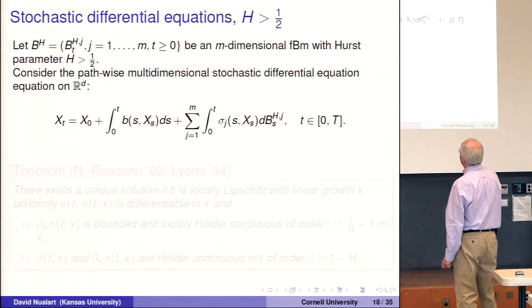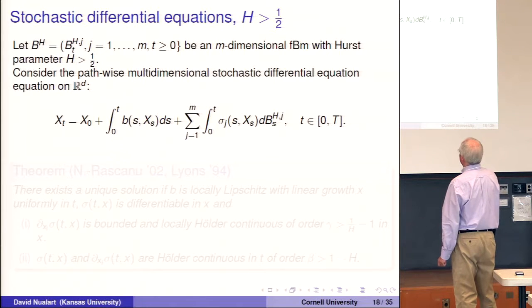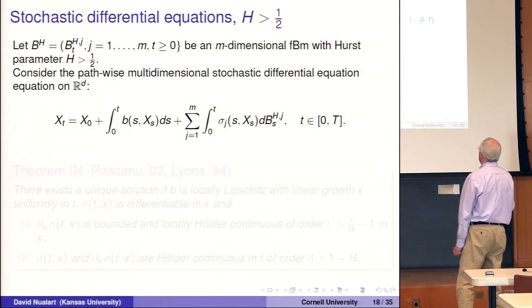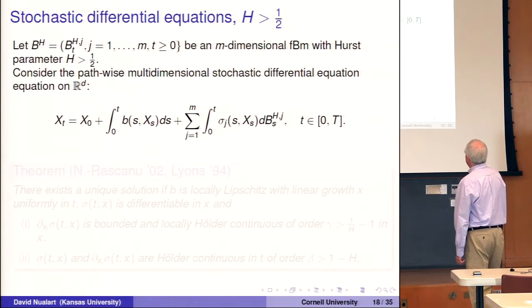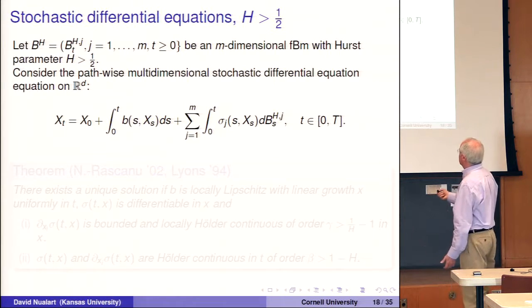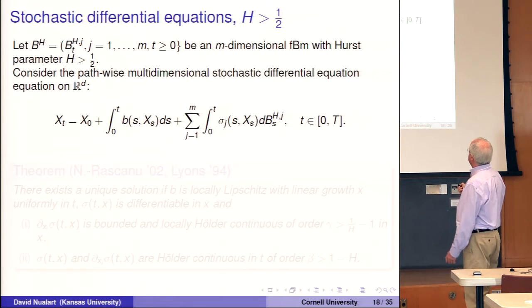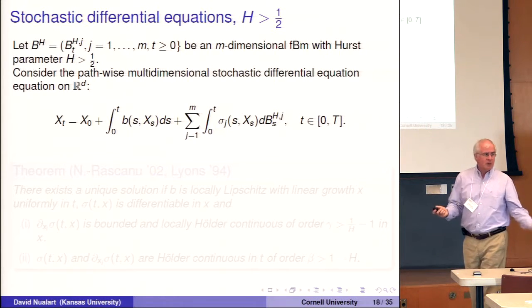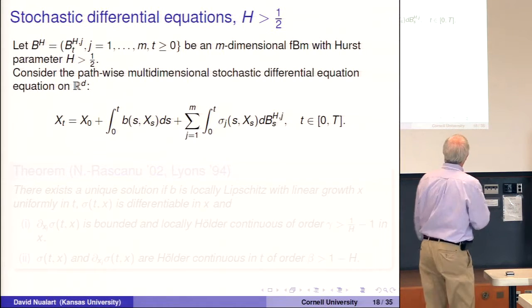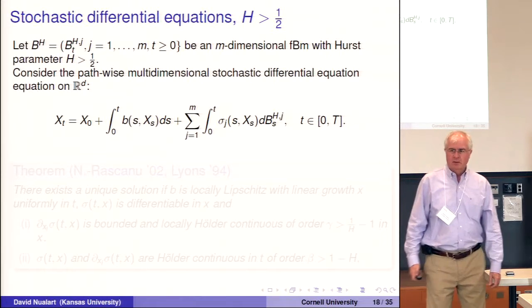This means that the components are independent fractional Brownian motions, and you have some drift and some diffusion parameter. The stochastic integrals are Young integrals, because you expect X to have more or less the same regularity as the noise, B^H. Both are Holder continuous of order almost H. So if sigma is nice, this will be a Young integral.